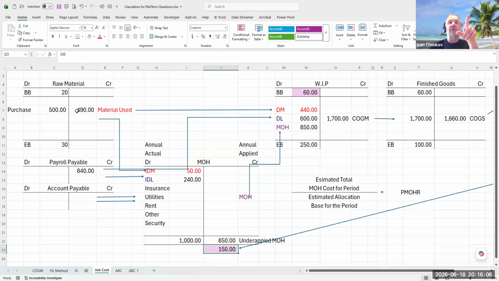Total material use is not given, but you can get it. Or maybe manufacturing overhead is not given, but you have the ending balance. When you have the ending balance, the beginning balance, direct material, direct labor, and cost of goods manufactured, you can easily calculate manufacturing overhead. Once you calculate it, you can see whether it was over applied or under applied.